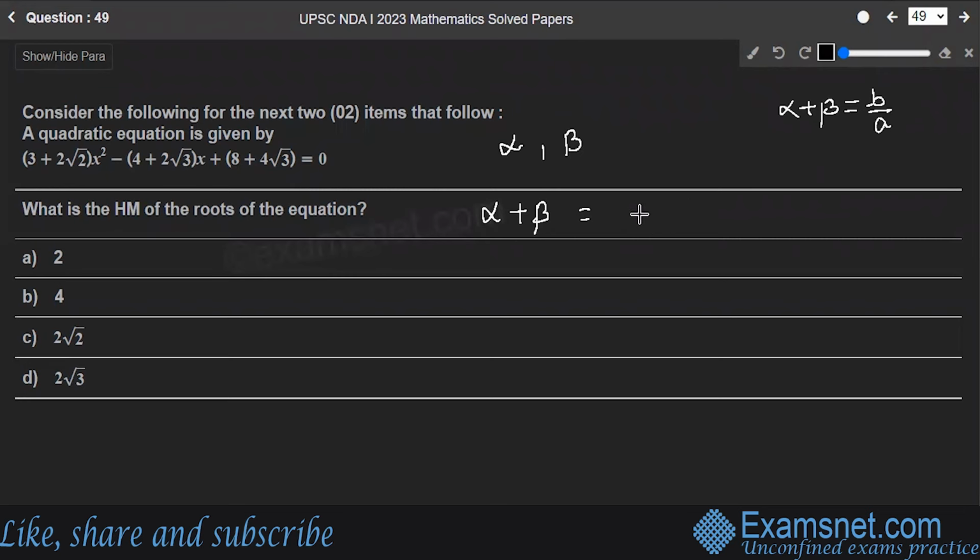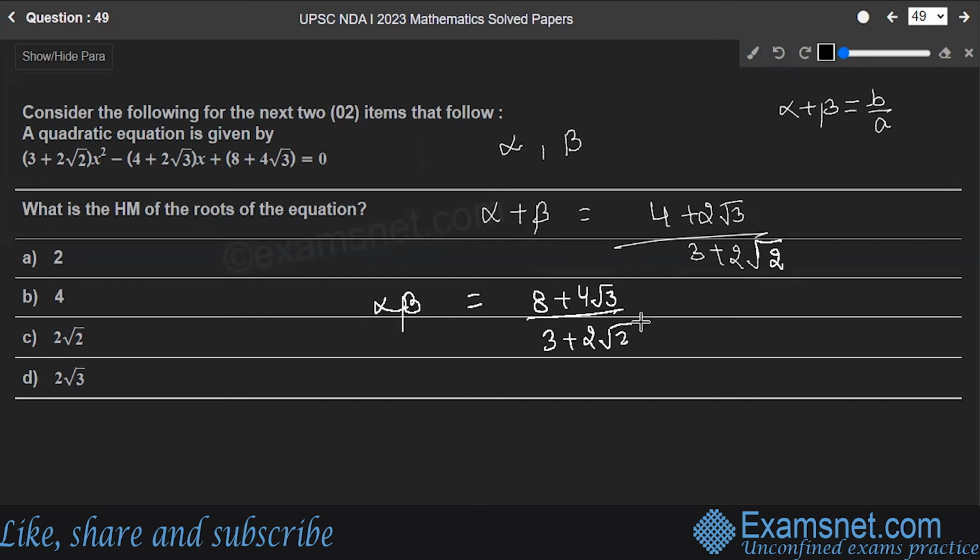So in this case, minus minus will cancel, so 4 plus 2 root 3 divided by 3 plus 2 root 2. Now, the product of the roots is given by c upon a, that is the constant, which is 8 plus 4 root 3, upon a, that is 3 plus 2 root 2.